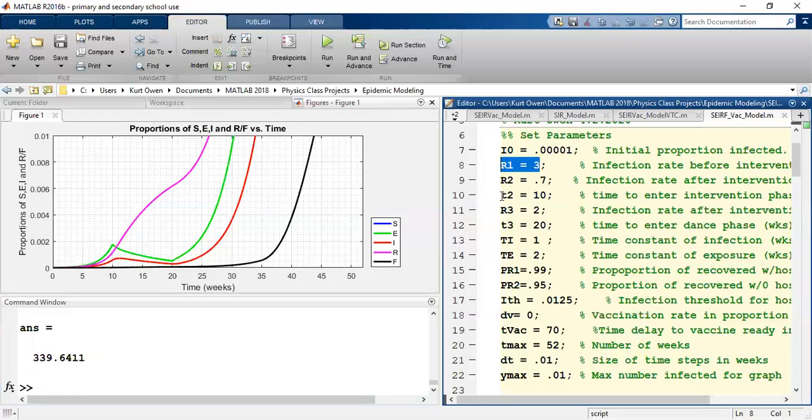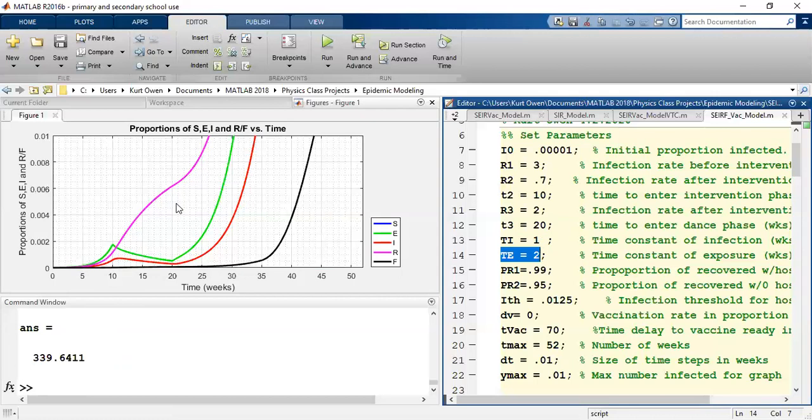Okay, we also, it turns out, I think that this TI value that I'm using is not very accurate. You may want to look that up and see how that TI value changes. So you probably want to play with I0, R1, and this TI value, maybe even this TE value, until you get a number of fatalities at week 14 that's similar to what we do have in New Jersey.